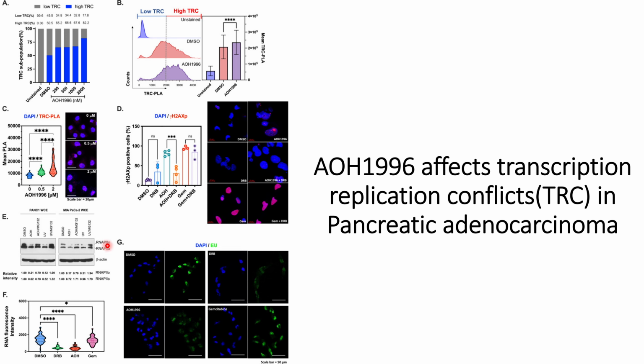They use two kinds of RNAP2: the first is the active one, and the second is the inactive one. What they found is that when they use AOH, they see a decrease in the active RNAP2.